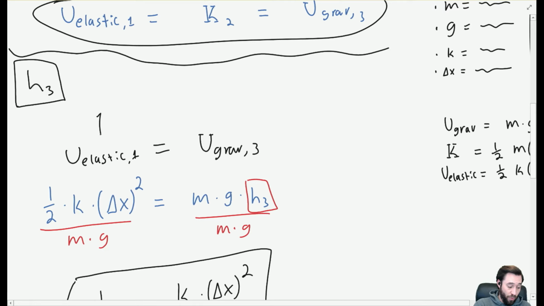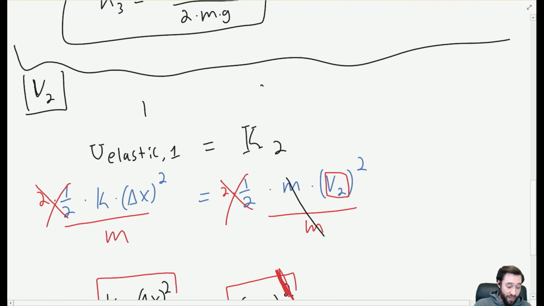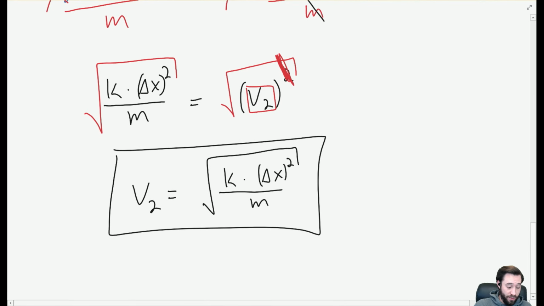So this is state 1. This is state 3. So state 1 is equal to state 3, obviously. And then we're using that to solve for H. And then this one, it was state 1 and state 2. But since they're all equal to each other, it doesn't matter. And I use that to solve for V2.